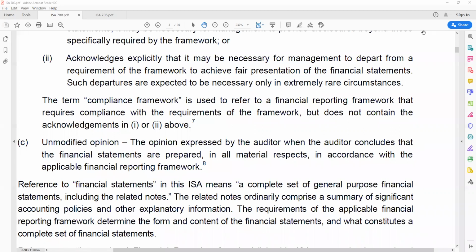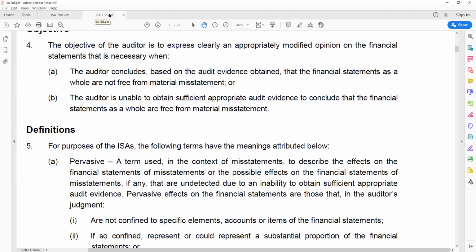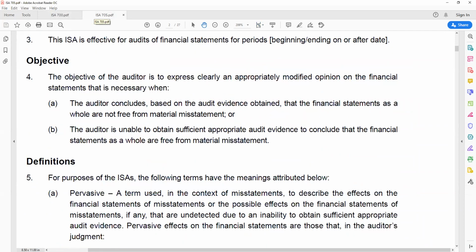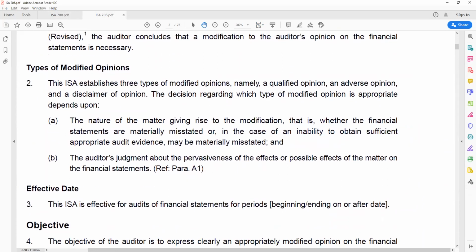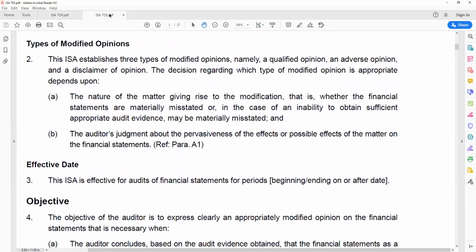Let's go back to 705. This is point number 2 of ISA 705. This ISA establishes three types of modified opinions: the qualified opinion, the adverse opinion, and a disclaimer of opinion.